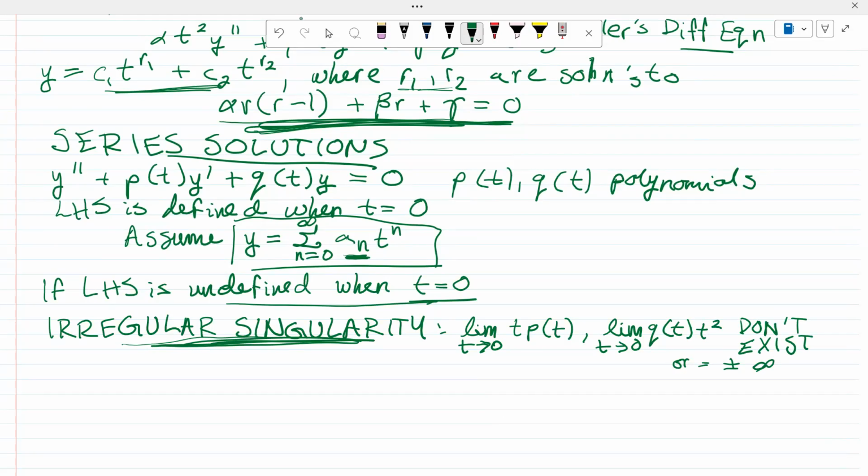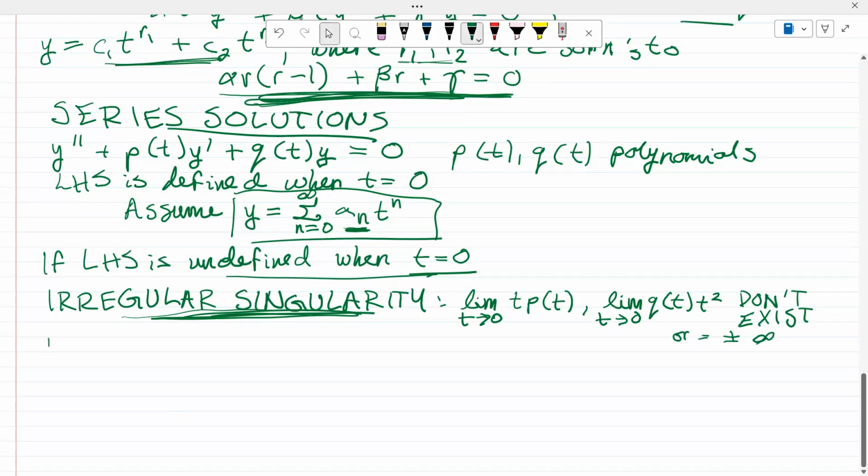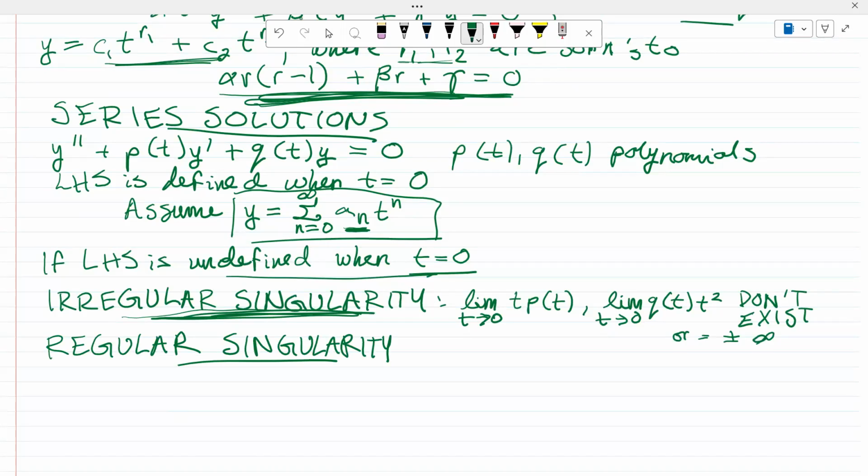But if we have a regular singularity, which, as you can imagine, just means that the limit as t approaches 0 of t p of t, and the limit as t approaches 0 of t squared q of t, they both exist, and they're not infinite.